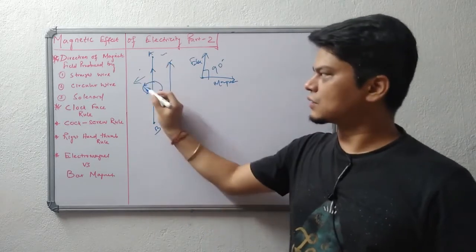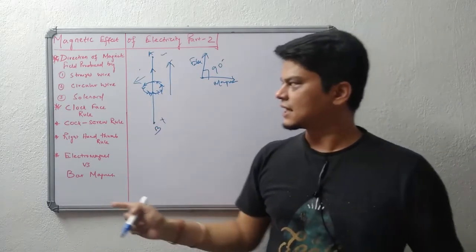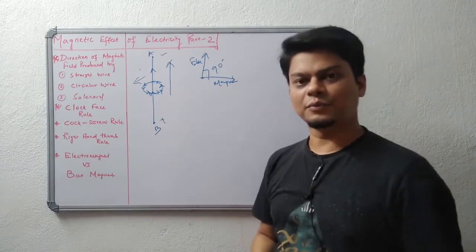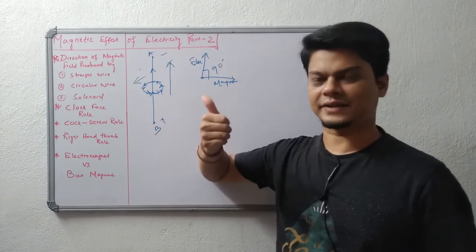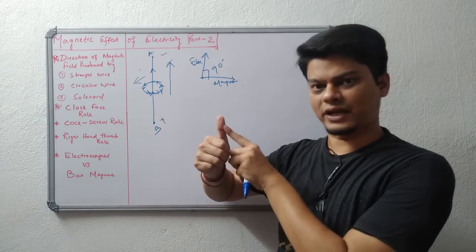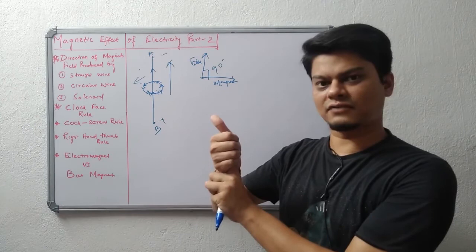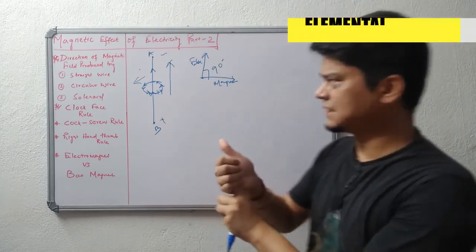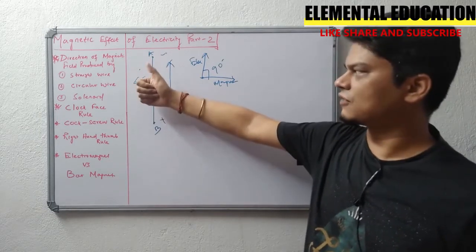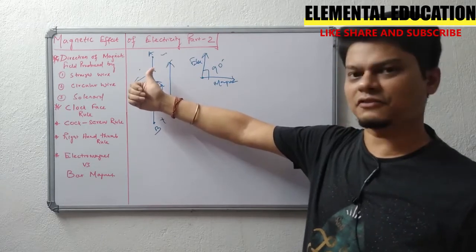So how can we conclude this is the direction? What makes us decide this is the direction? If I take the right hand thumb rule, what is the right hand thumb rule? See, this is my right hand. If my thumb shows the direction of the flowing current, then my folded fingers show the direction of the magnetic field. If this is my thumb, this is the direction of current flowing, then my folded fingers, all these four fingers, show the direction of the magnetic field.